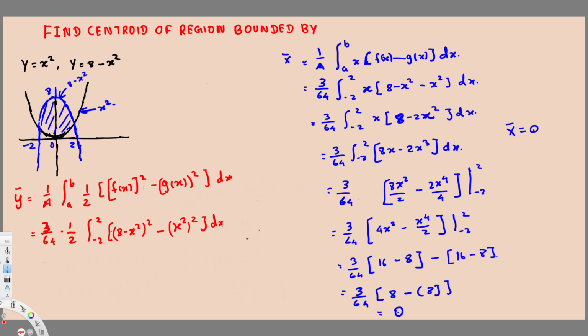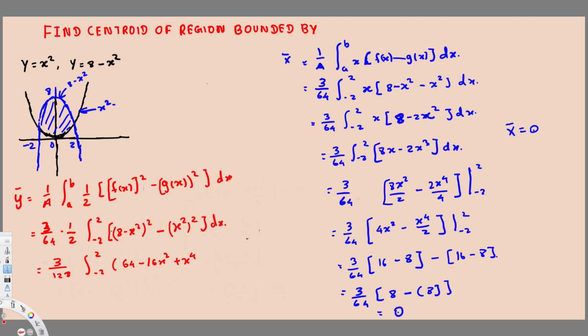dx. Let's simplify this one first: 3 over 128, and this is going to be negative 2 to 2. If I square this one, this is going to be 64 minus 16x square plus x power 4.